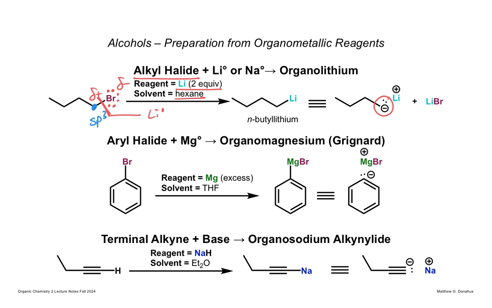And so that's going to be a nucleophile that will want to attack a carbonyl group. And then the lithium bromide is a byproduct that's solid and precipitates out of the solution.